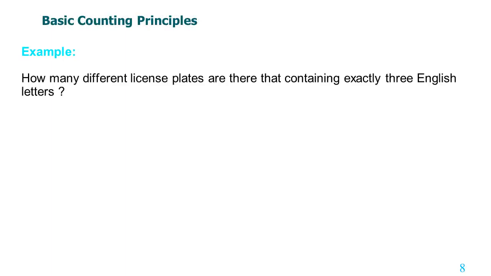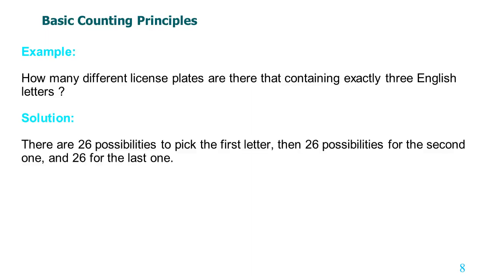For example, how many different license plates are there containing exactly 3 English letters? The solution is: there are 26 possibilities to pick the first letter. There are 26 alphabets, so we can pick any one of the 26. If we take only uppercase letters, then it is 26 possibilities.